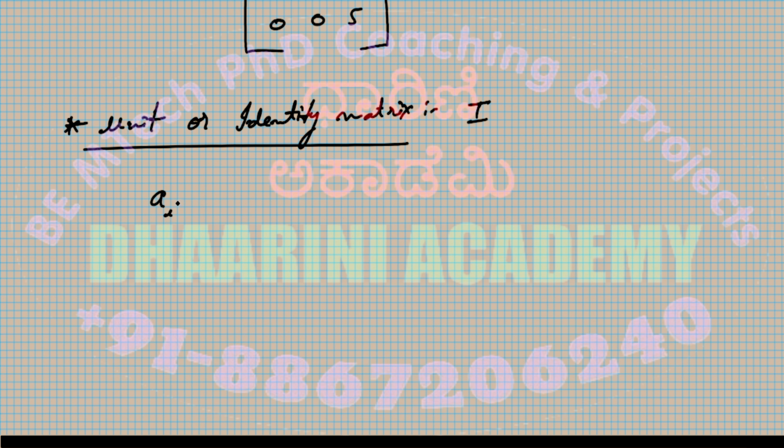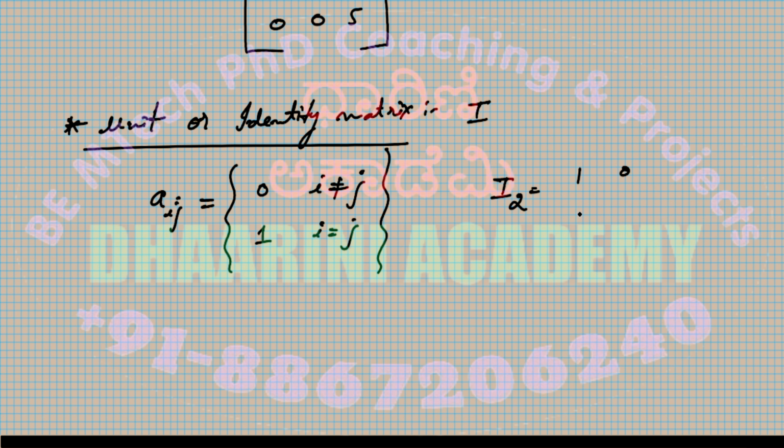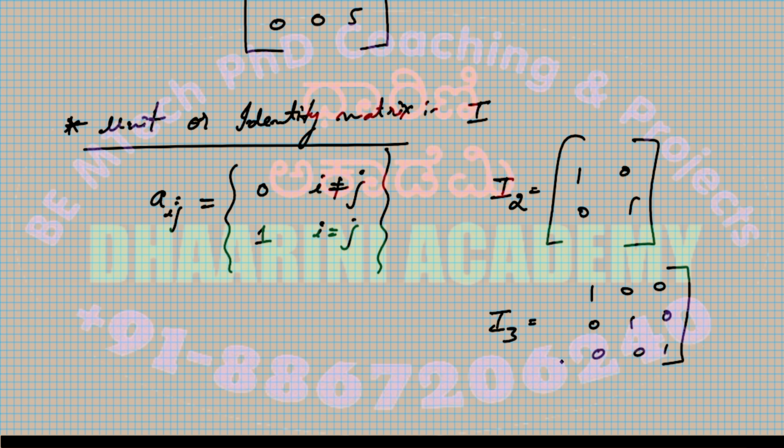Aij has to be 0 when i is not equal to j, and this is 1 when i equals j for any given matrix. For example, I2 is equal to the second order 1 0 0 1. And I3 should be 1 0 0, 0 1 0, 0 0 1.